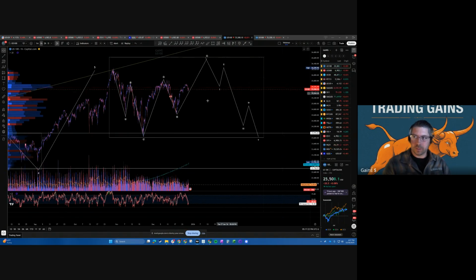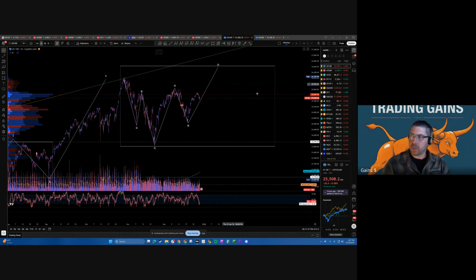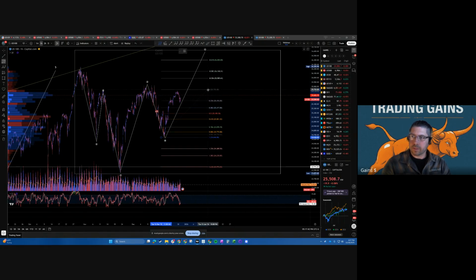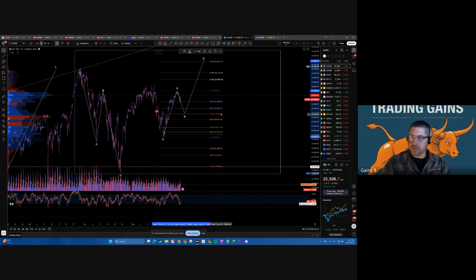Okay, so longer term, we could see something like this, which is a wave 4. You could see a higher high, but the Nasdaq just isn't looking super strong to me right now. If this was going to happen, what I would look for is a pullback to something like this, the 50% around the 25,200 level, even just the 25,000 level.